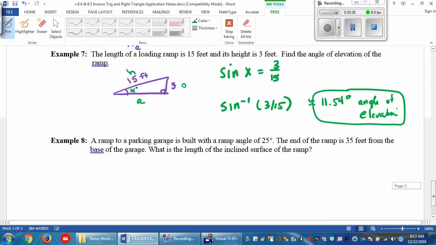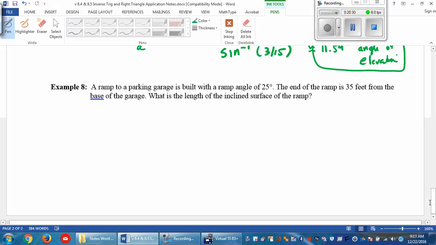Okay. And last but not least, it says a ramp to a parking garage is built with a ramp angle of 25 degrees. So we got the ramp built with 25 degrees.